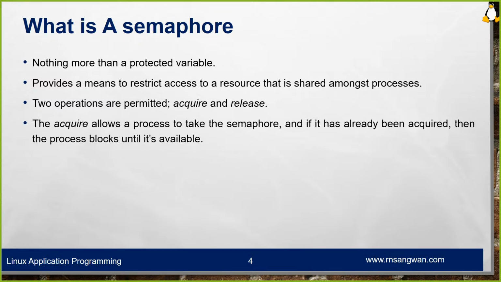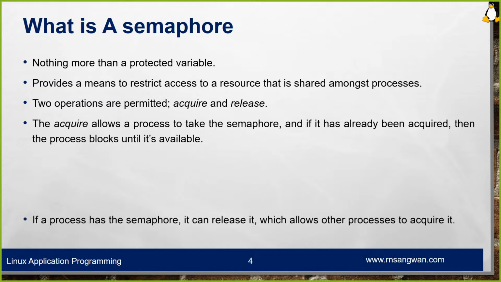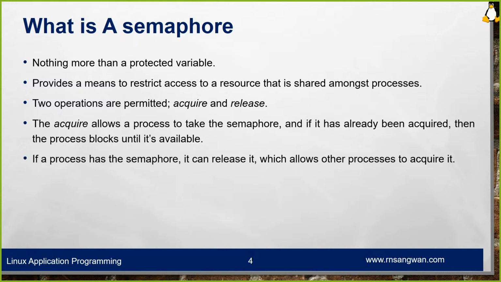The acquire allows a process to take the semaphore, and if it has already been acquired, then the process blocks until it is available. If a process has a semaphore, it can release it, which allows other processes to acquire it.